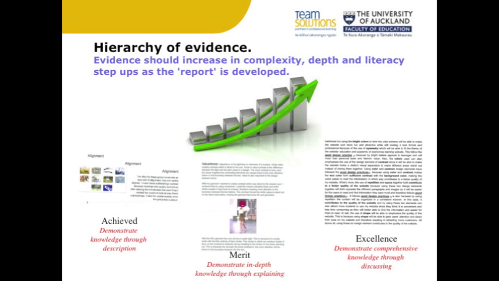For Merit, students must demonstrate in-depth knowledge by explaining certain elements. And for Excellence, students must demonstrate comprehensive knowledge through discussing certain elements. It's really important to unpack what they might look like.